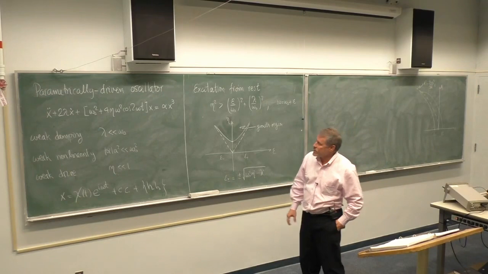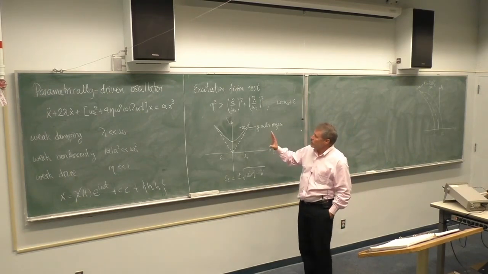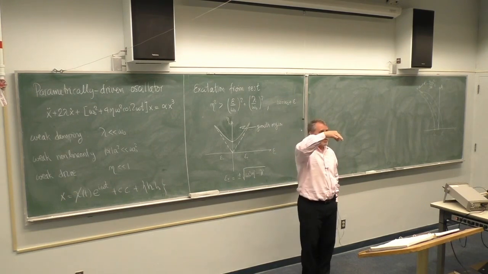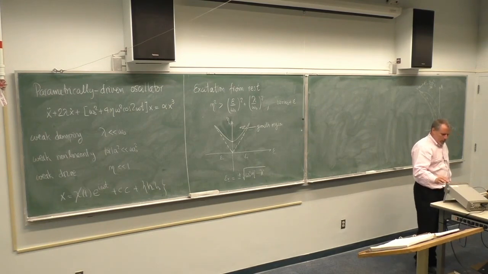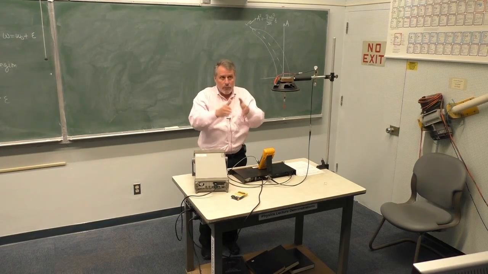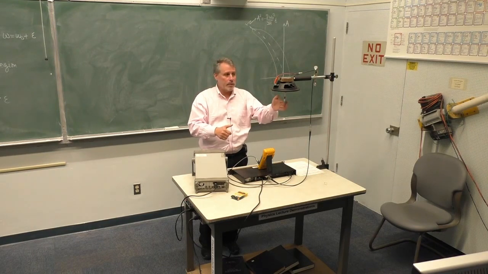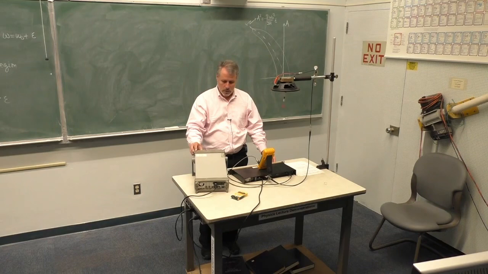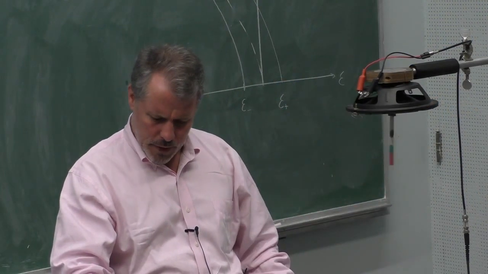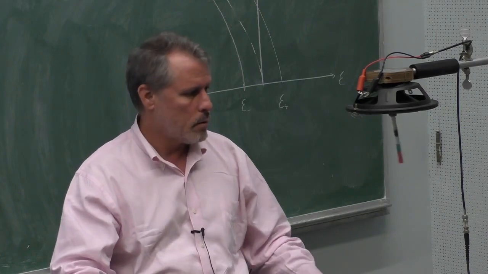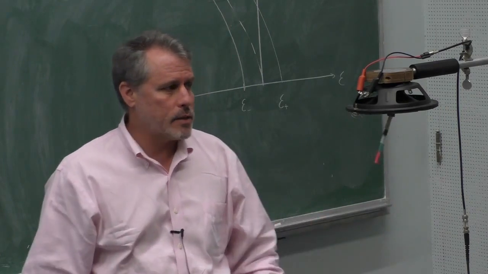So we derived a couple of days ago the conditions to excite the pendulum from rest. If the pendulum is at rest, what is the minimum drive amplitude such that, if a fluctuation appears, it is going to make the amplitude grow and bring the system into steady motion?